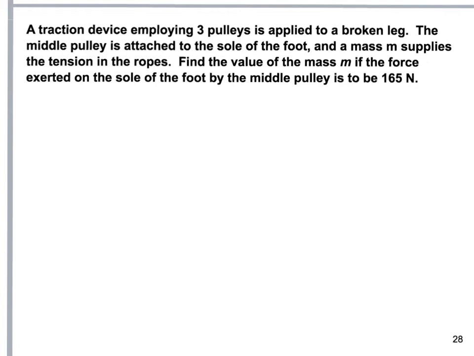So if you were the orthopedist, somehow you would come up with needing 165 newtons applied to that foot to make sure it heals properly. So you know what force you want on the foot, and you have to find the mass that's going to give you that force.